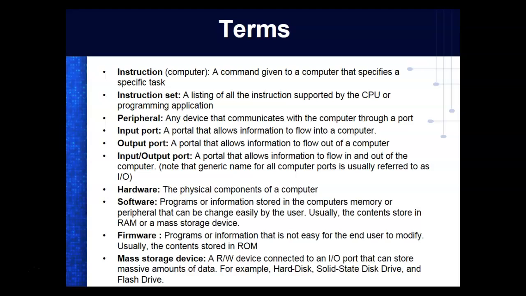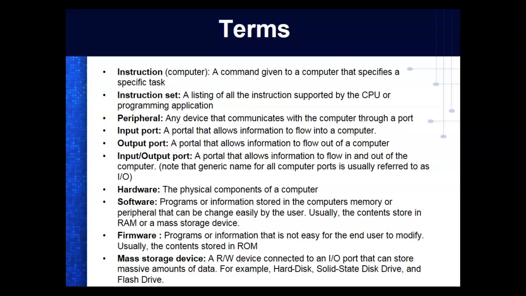Instruction. An instruction is a command given to a computer that specifies a specific task. So we're going to use symbols to represent instructions. So we're going to have output instructions, input instructions. Later on we'll have timer instructions, counter instructions. If you take some advanced PLC class, then we'll get into the instructions that the computer can do.